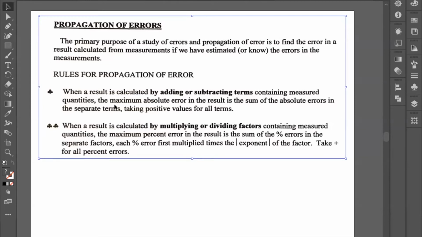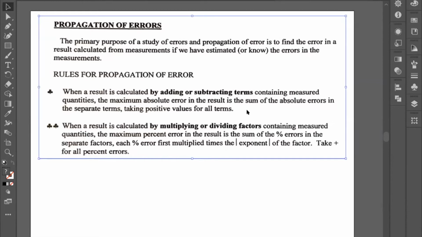So here are the 2 rules that we'll be using in your lab today. When you add or subtract items, the maximum absolute error in the result is the sum of the absolute errors in the separate terms, taking all positive values.